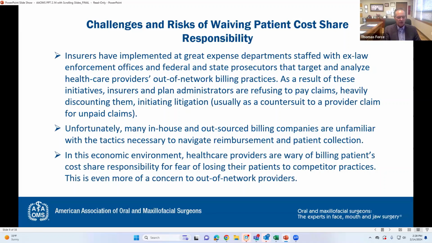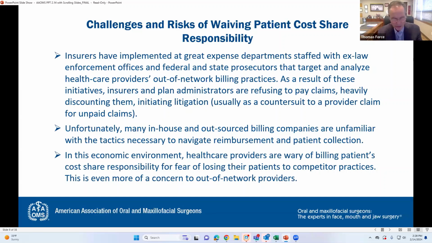Out-of-network, there's no contractual write-offs. So for out-of-network, you're billing a patient, it gets partially paid. There's a huge out-of-network deductible and coinsurance. You might appeal that claim to get a higher reimbursement. You might open a negotiation with the likes of MultiPlan or Mars or one of those companies. And at some point, you're going to be billing the patient for a higher cost share than in-network.